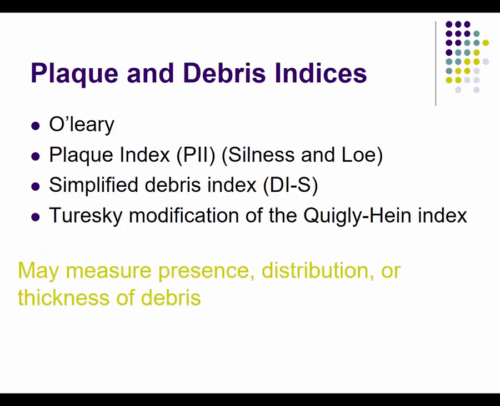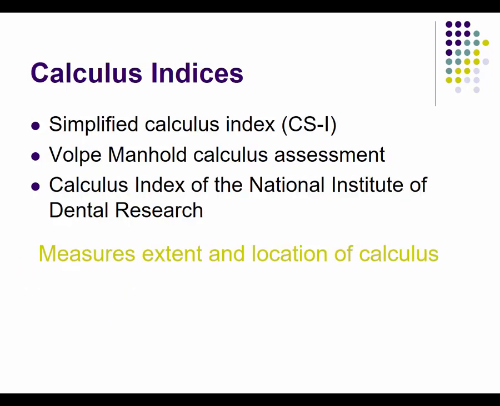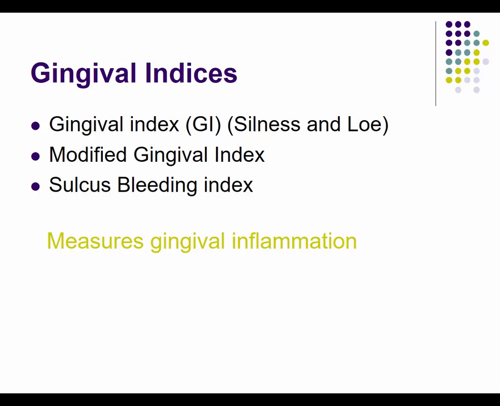For right now, I just need you to know that these are examples of plaque indices, these are examples of calculus indices, and these are examples of gingival indices. I don't need you to know how they work right now, other than PSR. You do need to know how that one works. For the others, I just want you to know which ones do what.